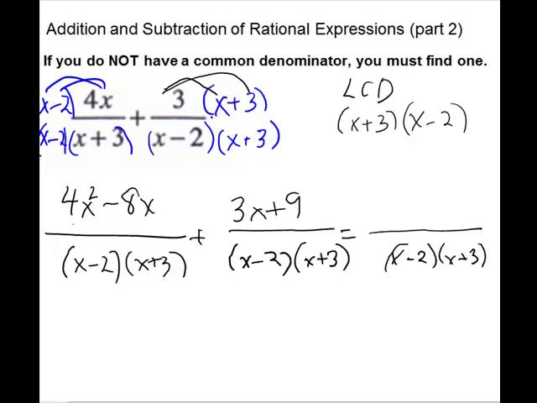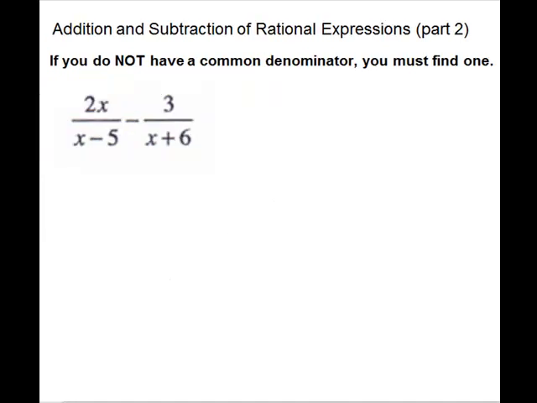So we have 4x squared. Our x terms can go together, will give us minus 5x plus 9. You're supposed to try to factor that to see if it will reduce. I tried for a little while, and it does not factor.